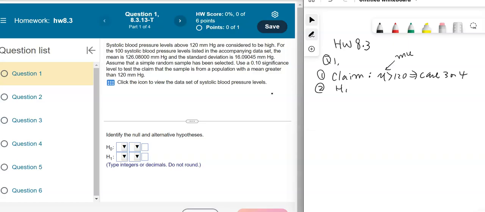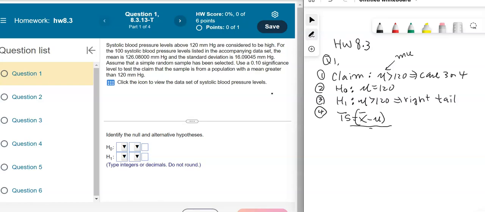Now, the null hypothesis is mu equals 120 and alternative hypothesis is mu greater than 120. So this is right tail test. Now, the test statistic is x bar, the sample mean, minus mu divided by s divided by, again, square root of n.